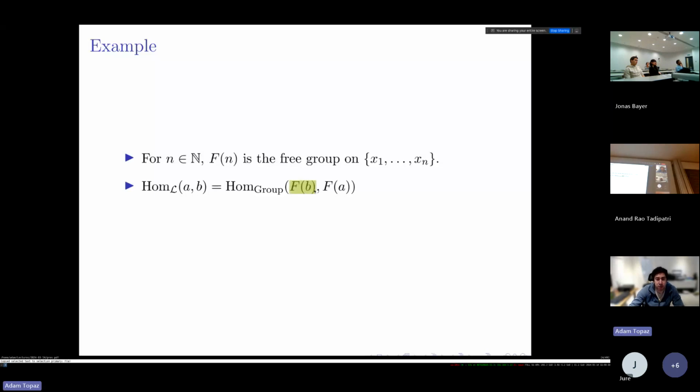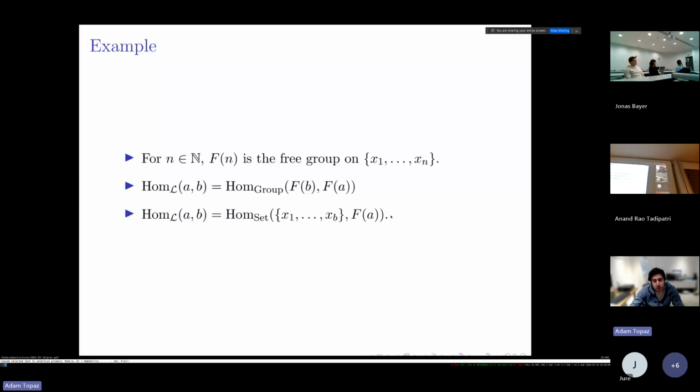The universal property of the free group F of B tells you that if I have any group G, group homomorphisms from FB to G are the same thing as functions from the set of generators x1 to xb of this free group to the group G. In other words, we may as well think about this set of morphisms as just functions from my set of generators for F of B to this free group F of A. So that's maybe the more convenient way of thinking about this collection of morphisms in this category that I'm working with.